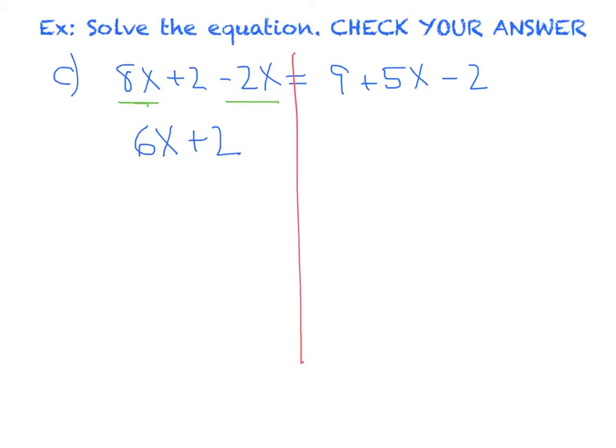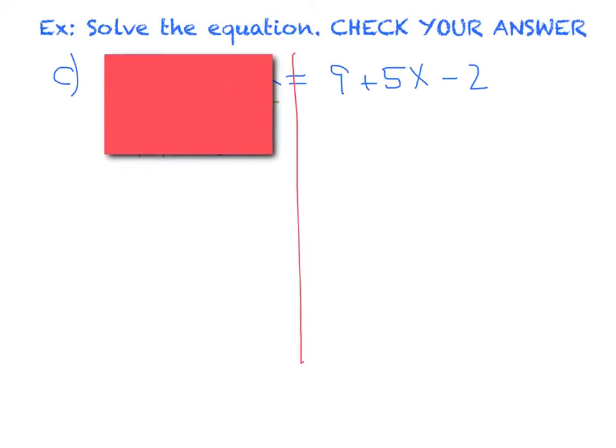And now we can forget this side of the problem. I think it's really important that we don't get overwhelmed with both sides of the problem. Right now we need to focus on one side of the problem, get it simplified, then focus on the next side. So I really do like to cover it up. It might not be a bad idea to ask your teacher for an index card so you can cover up each side. It's kind of like we're doing with these pink boxes.